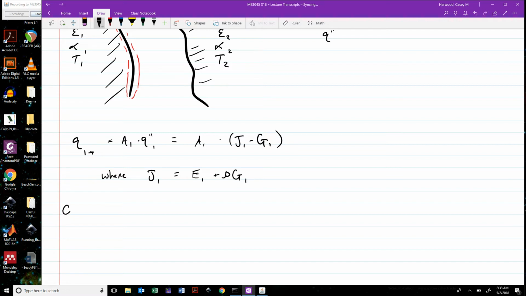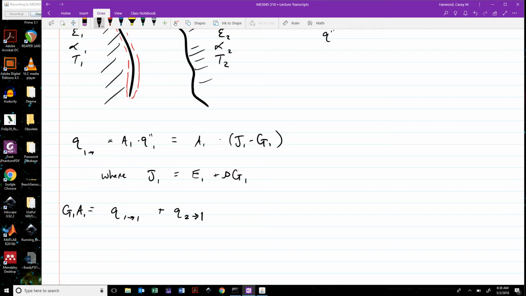If we wanted to write G1, the issue is that G1 times A1 is equal to the heat transfer from 1 to itself plus the heat transfer from 2 to 1.